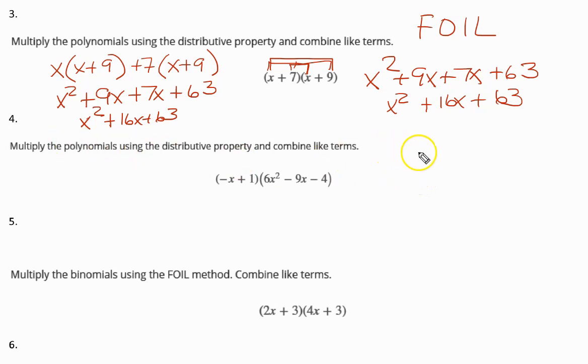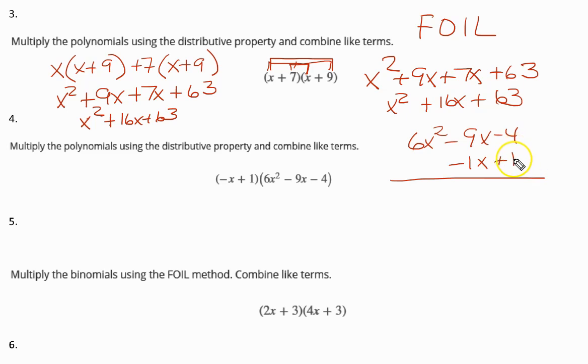All right, for number 4, you could do it this way, but I prefer doing it the long way, we call it, where we line things up in their like term columns. So we're just writing this trinomial and then the binomial underneath it. And we can put a 1 there to help us with our calculations.